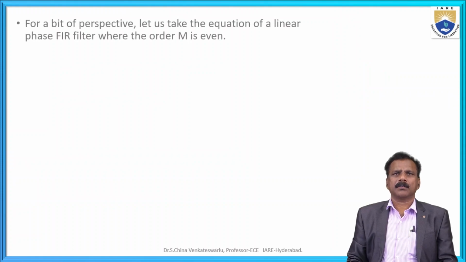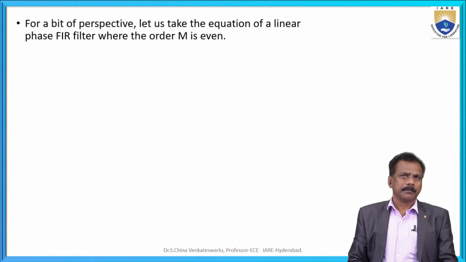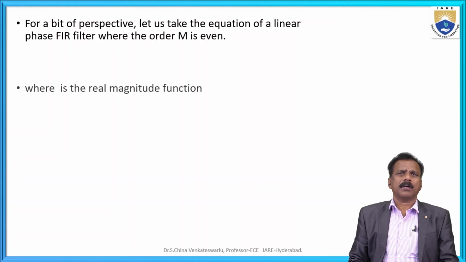Okay, so for a bit of perspective, let us take the equation of the linear phase finite impulse response filter where the order M is even. Here we will try to verify whether it is the real magnitude function or not.